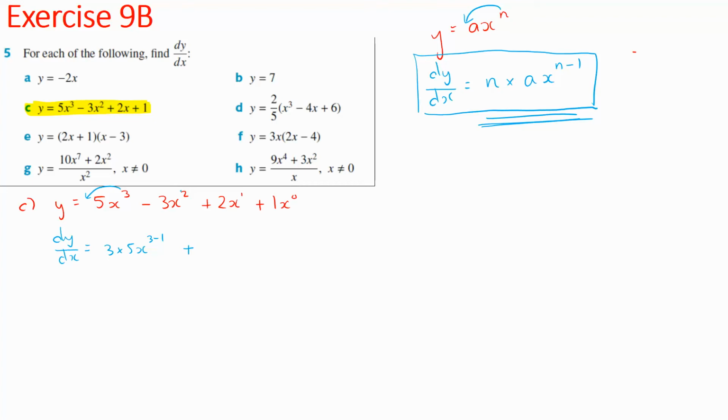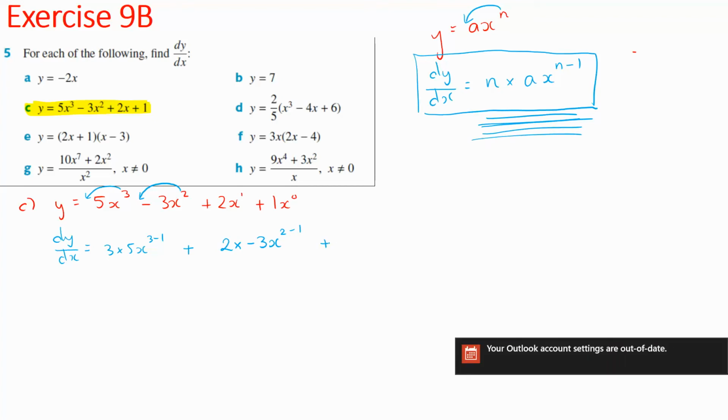Again, I'm going to bring the 2 down, so that becomes 2 times negative 3. That's why I kept the negative there instead of plus here. So that's my negative 3x to the power 2 minus 1. You see, I'm still using the same rule. Nothing different. Nothing changed.